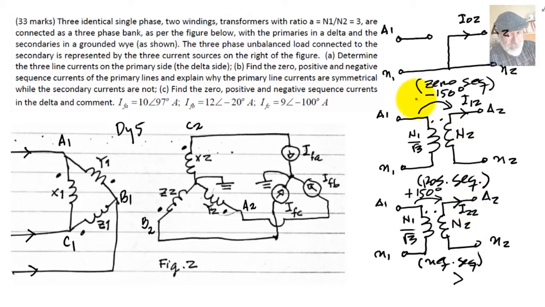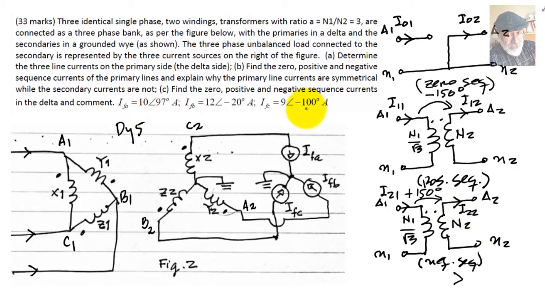Use those equivalent networks to find what is the zero sequence current of the primary lines, that is, of the system of currents, positive sequence current of the primary, and negative sequence current of the primary. But we need to find first those sequence currents in the secondary, and those currents are given.